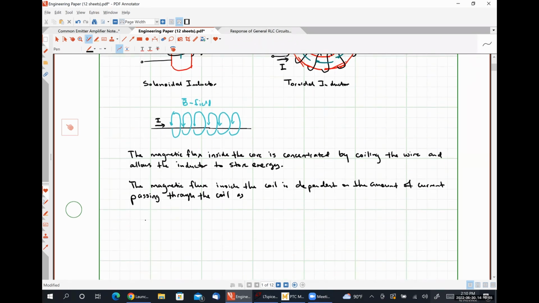As magnetic flux, which has a symbol of phi B, is equal to the inductance of the coil, L, multiplied by the current carried in the coil, I.